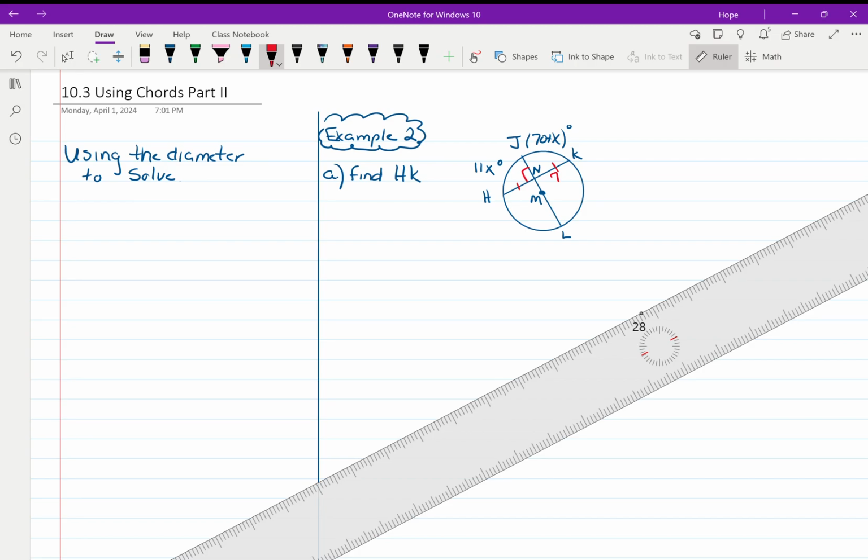So in order to find that, we know that we have to do H to N length plus N to K length. And if both sides are equal, we know N to K is 7. We also know, because they're equal, that H to N is 7, which gives us 14.